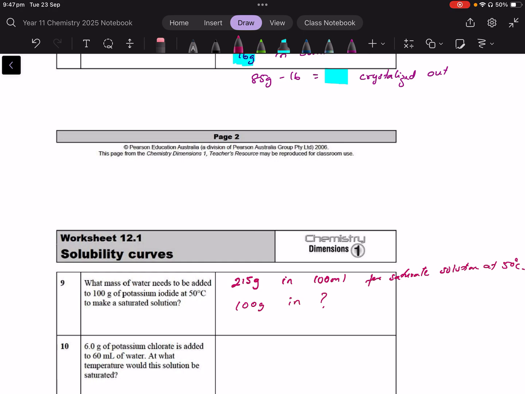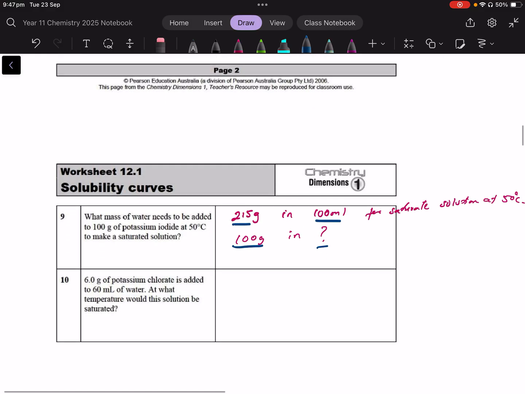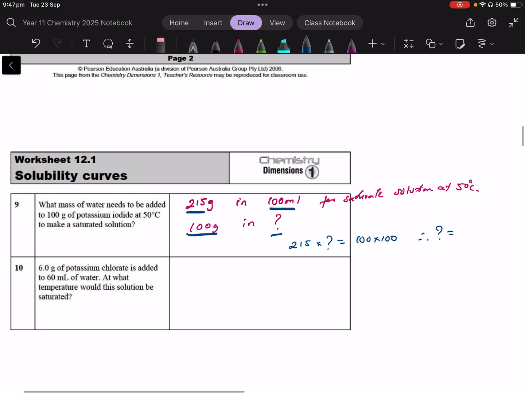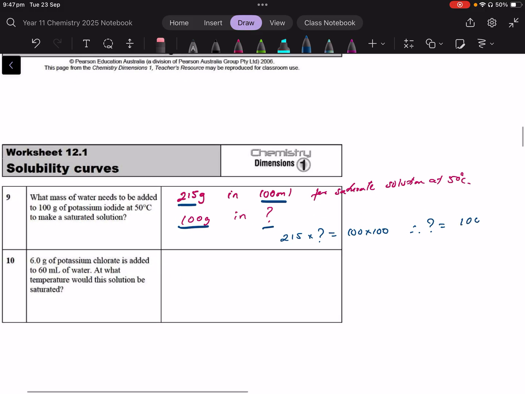So again, I'm going to multiply this with this and this with the question mark and find out the question mark. Cross multiply and equate. 215 multiplied by the question mark is equal to 100 multiplied by 100, and therefore the question mark is equal to 100 multiplied by 100 divided by 215, and whatever answer you get there.